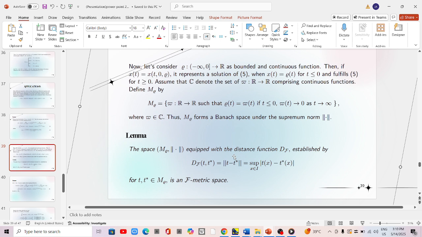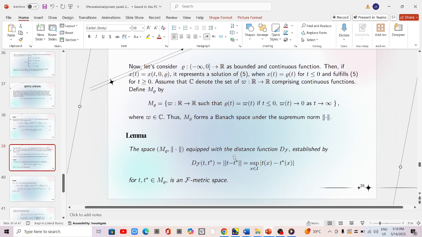So here d_F of T and T star is equal to the norm of T minus T star, which is defined in this way. It means the supremum of T of x minus T star of x. In some books it is given as f and g, because if we see at the start in the equation, g is given.